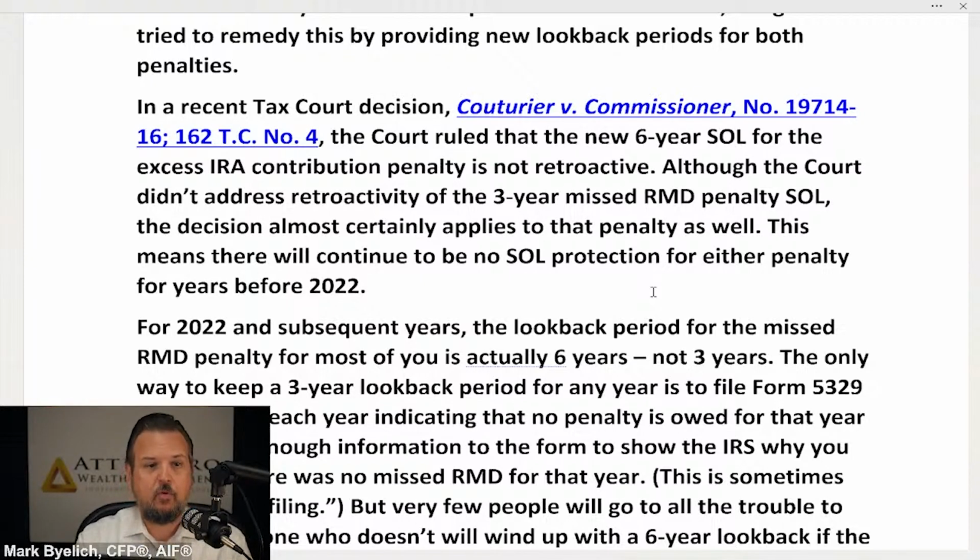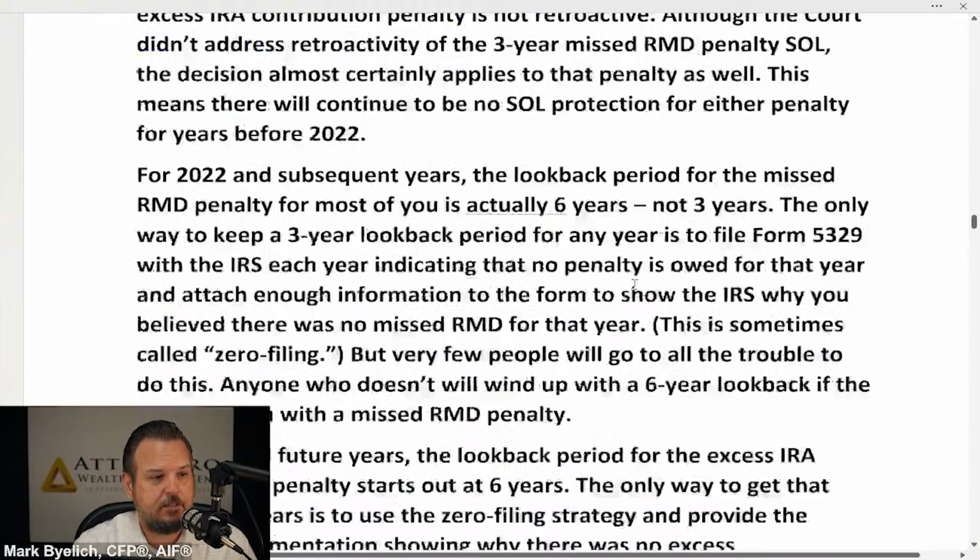So they're carrying over the RMD statute of limitation along with this court decision. This means that there will continue to be no statute of limitation protection for either penalty for years before 2022. That's when the Secure Act came out.